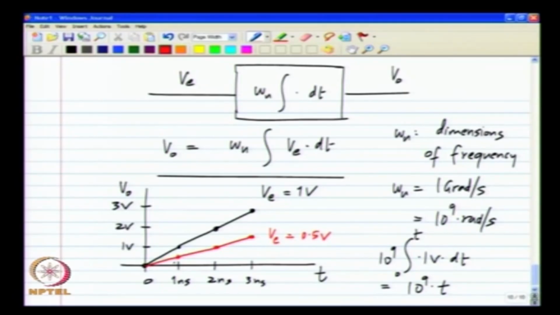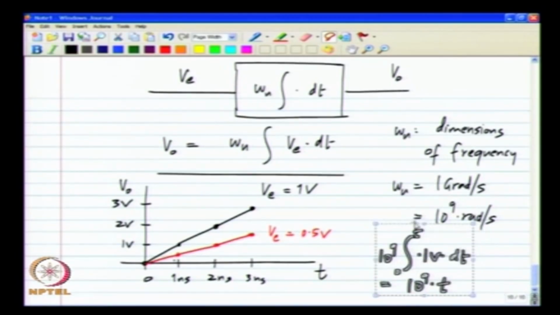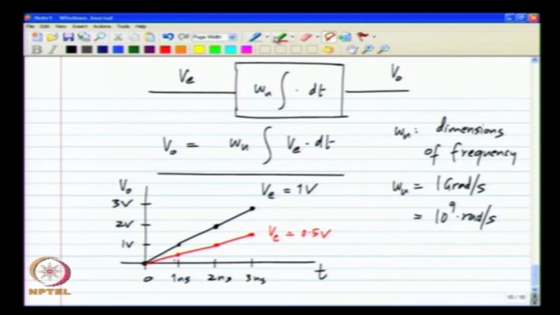Another comparison we can make is what happens if I take a different integrator. This omega u is a constant that describes the integrator. It basically tells you how fast the output will rise if you apply a 1 volt input to the integrator. So, if omega u is 1 gigaradians per second or 10 to the 9 radians per second, the output will rise at 10 to the 9 volts per second if the input is 1 volt.